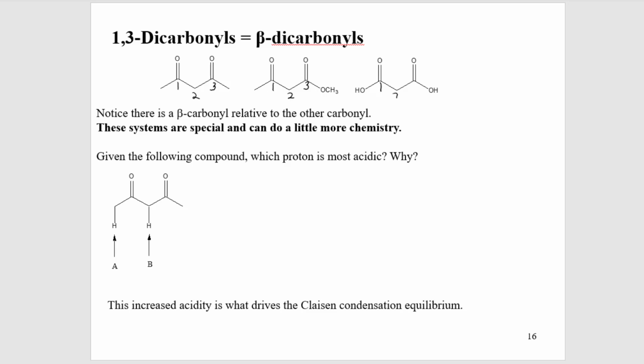The carbonyls are 1,3 apart. These are really special systems. So when you can create these 1,3 carbonyl systems, this allows you to do so much more. So let's take a look at a diketone system.